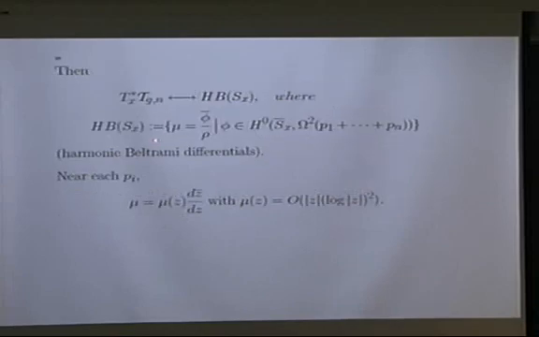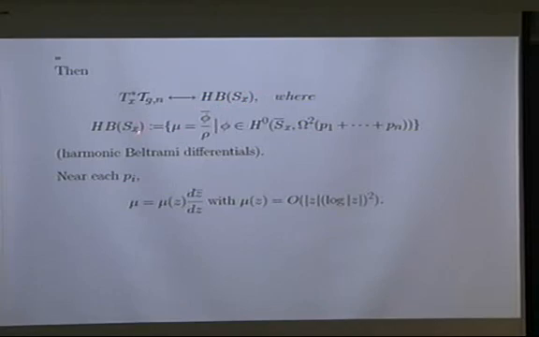Maybe I should say the tangent space, there should be no star here. The tangent space of the Teichmüller space is in correspondence with the harmonic Beltrami differentials on the Riemann surface.